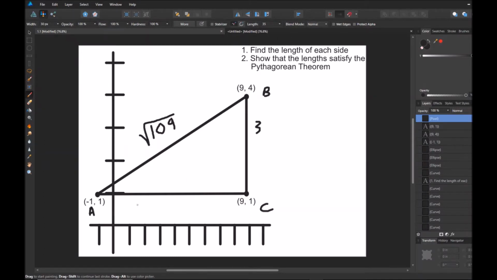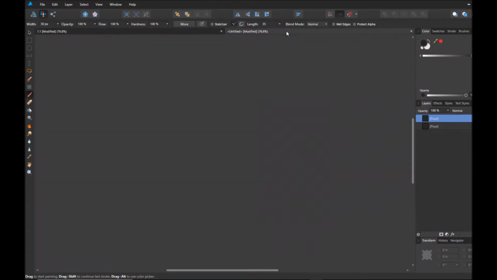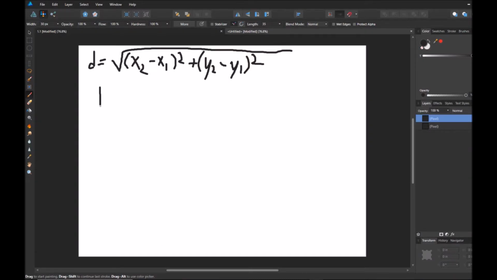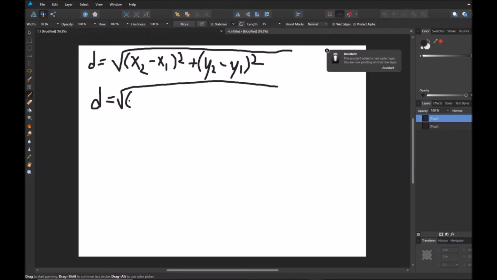And now the last two points: to find the distance between point A and point C. Our x2 in this case is going to be negative 1, and our x1 is going to be 9.